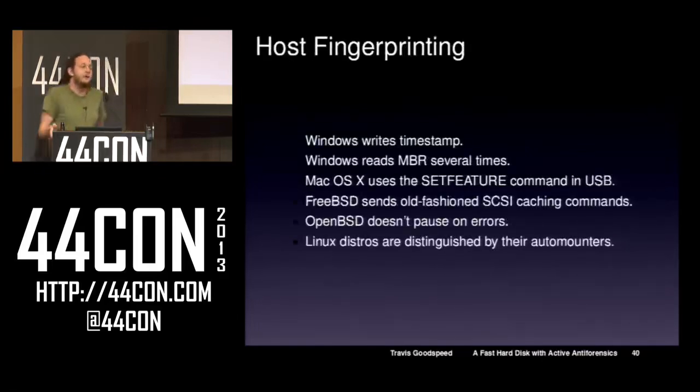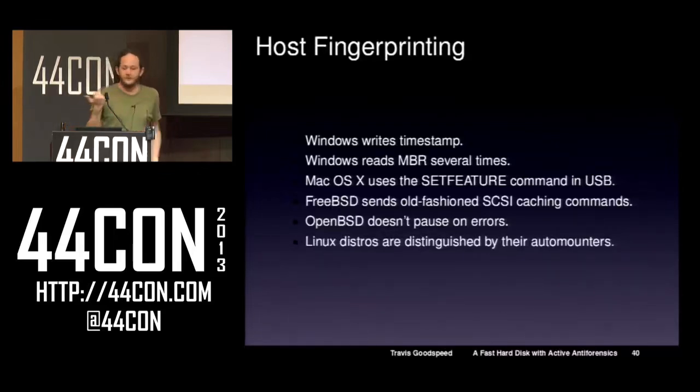Now, you can fingerprint the host in many different ways. You can fingerprint because Windows writes timestamps. You can fingerprint because it reads the master boot record many times. People think that the block device has a cache. But in a modern operating system, it's not the block device that caches, it's the file system. So the Windows developers read the master boot record once to know how many partitions there are.